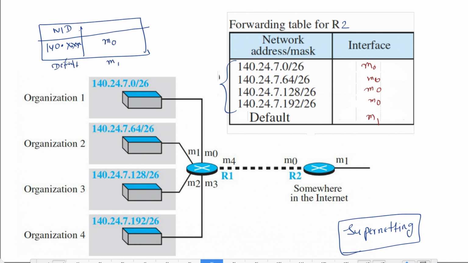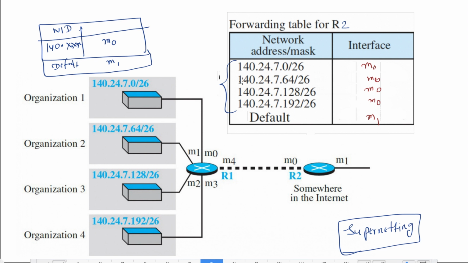Isn't it fair enough? If the network ID starts with 140, then it should go to M0. Otherwise, it should go to M1, because everything is starting with 140. So instead of saying it like this, I can just say if the network ID starts with 140. That is one idea, but it is not very precise.